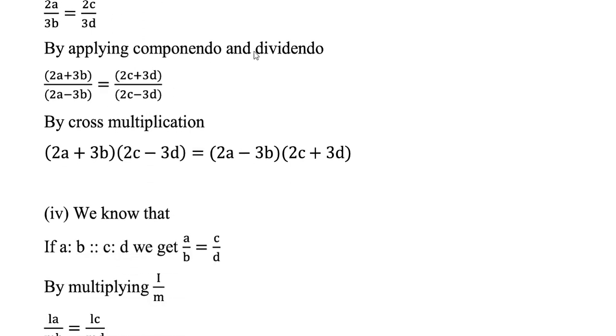By applying componendo and dividendo, the same process, (2a + 3b) divided by (2a - 3b) is equal to (2c + 3d) divided by (2c - 3d). After that, cross multiplication: (2a + 3b) into (2c - 3d) is equal to (2a - 3b) into (2c + 3d).